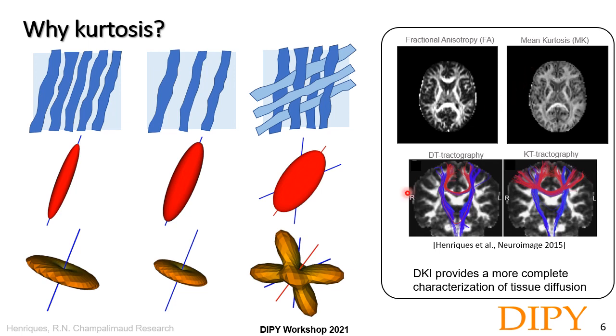As I said, kurtosis also provides information on crossing structures. For example, this information can be used to resolve crossing fibers in tractography approaches. If you're interested in how to do this, I recommend you see this reference here.